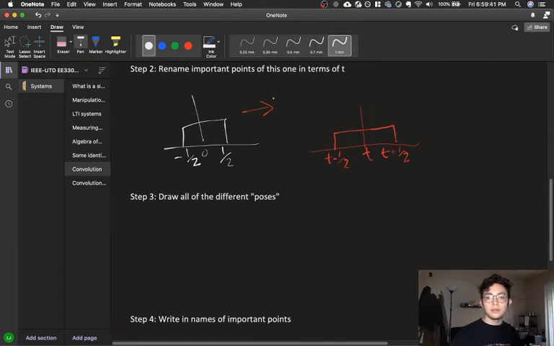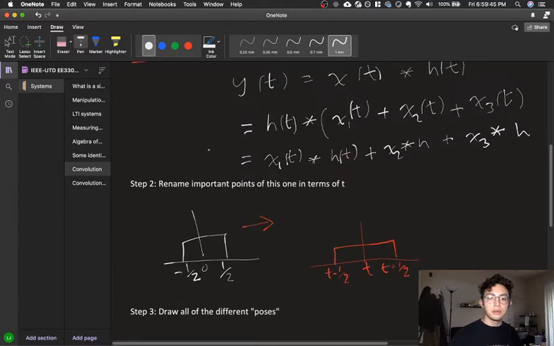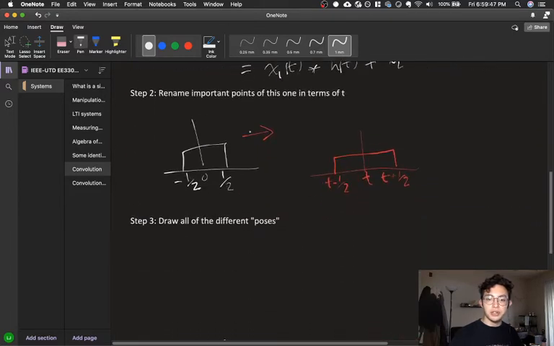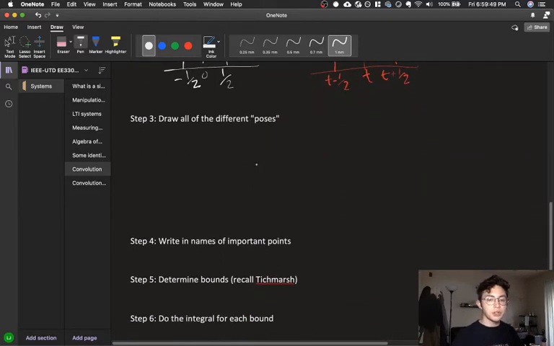So at this point we've renamed our flip and shift function h, and then we're going to draw the poses. For a finite support signal, we're going to have 5 different configurations on where the two signals are with respect to each other.